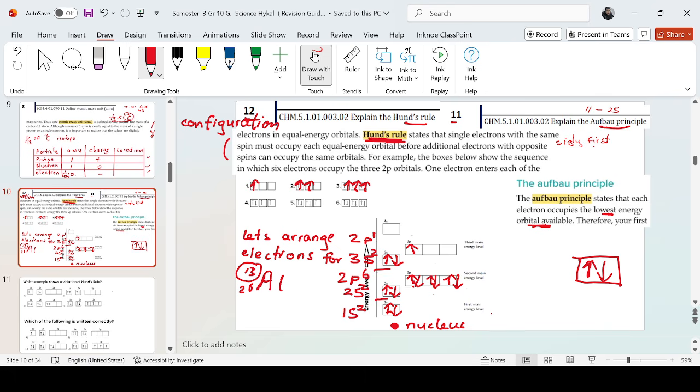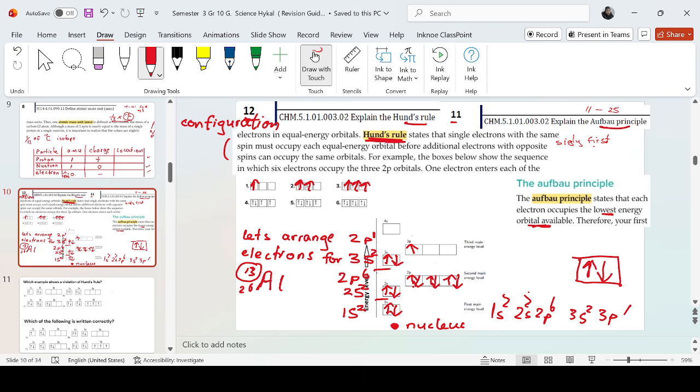So we can write it like this: 1s2, 2s2, and 2p6. The next is 3s2 and 3p1. How many electrons are there?